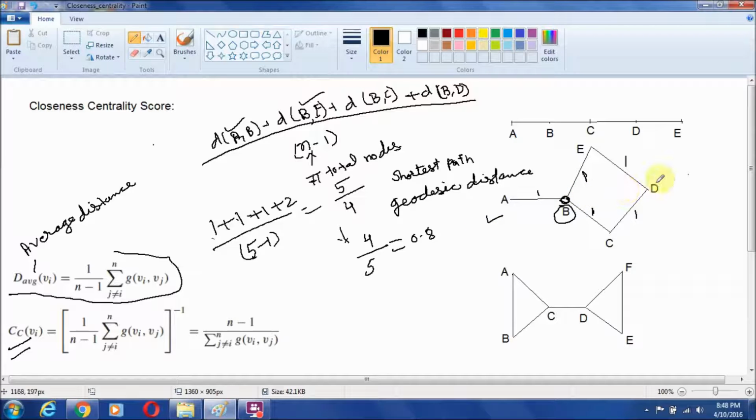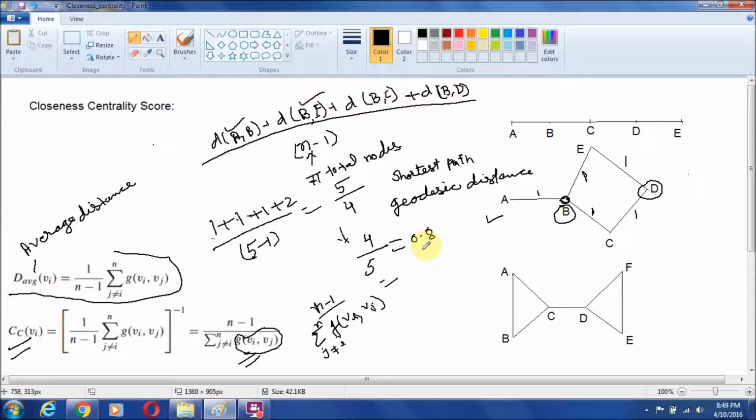Now suppose we want to check the closeness centrality score of node D in the same graph. Then it will be n minus 1, and we will use this formula. Here G(Vi, Vj) represents the geodesic distance or shortest path between node Vi and Vj.